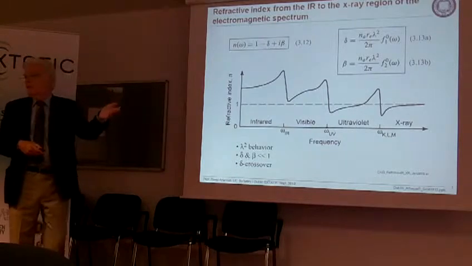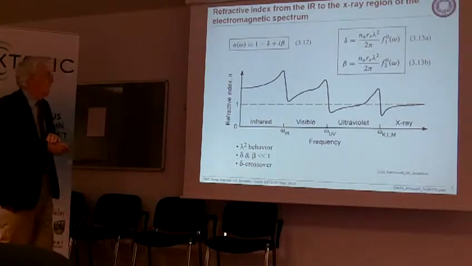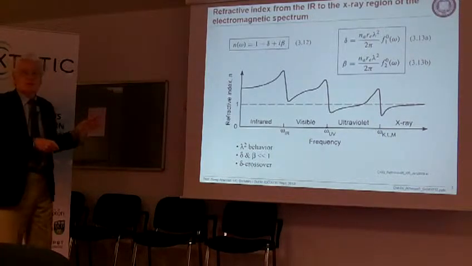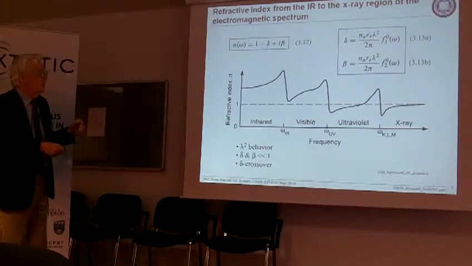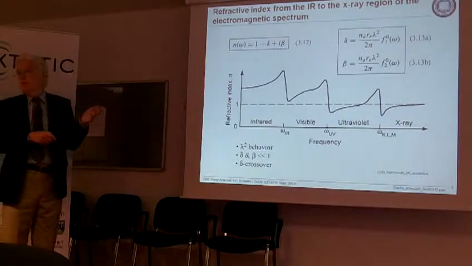So the refractive index of glass in the visible is roughly 1.5, and in the infrared, it's higher. And as you go down, each time you get near one of these resonances, something happens at the resonance, but also, in general, these contributions to the refractive index, plus or minus, always have this lambda squared in it.